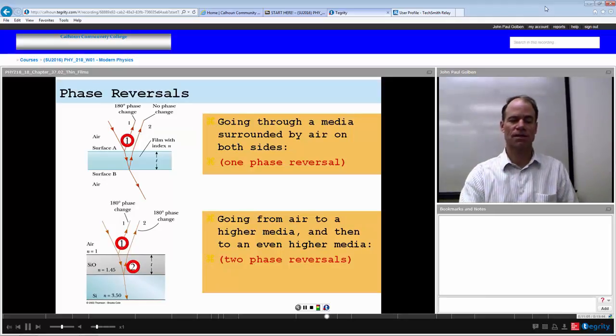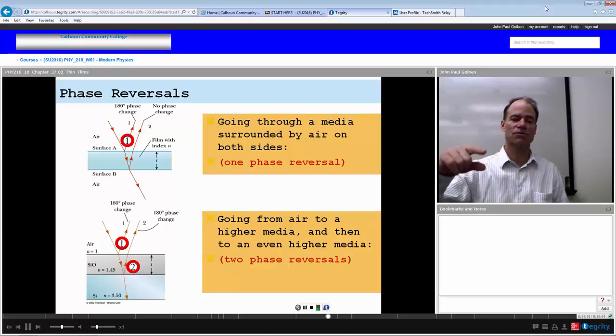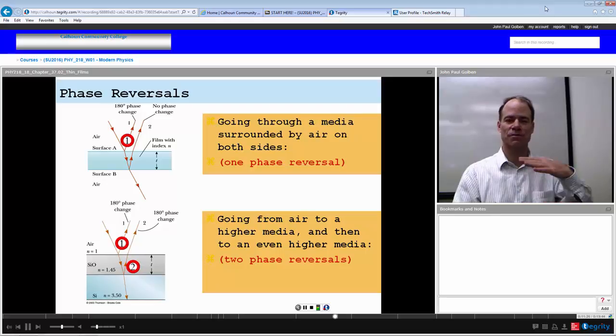Because in this case, we want the path length for constructive interference to be an integral number of wavelengths, and destructive interference to be an integral number of half wavelengths.